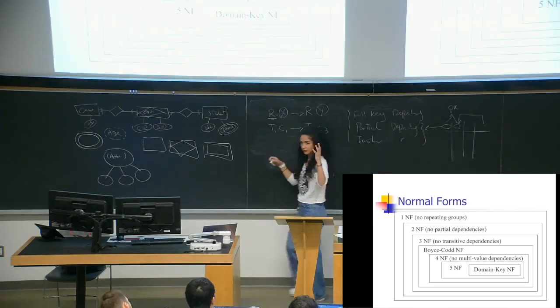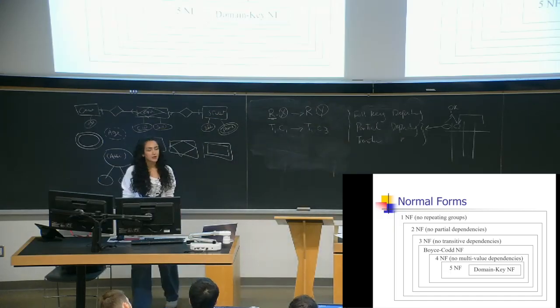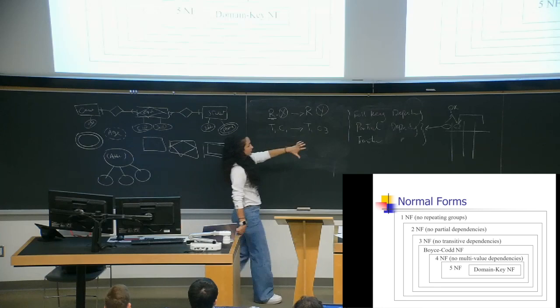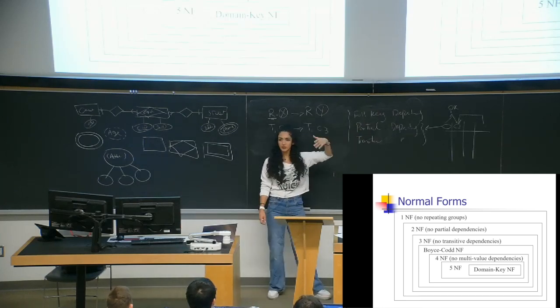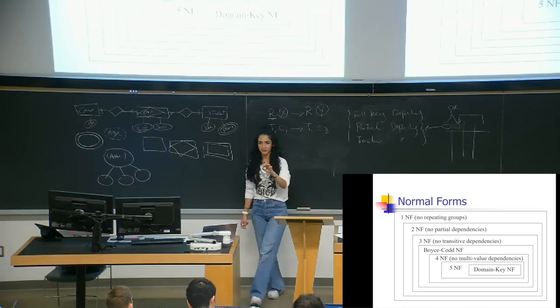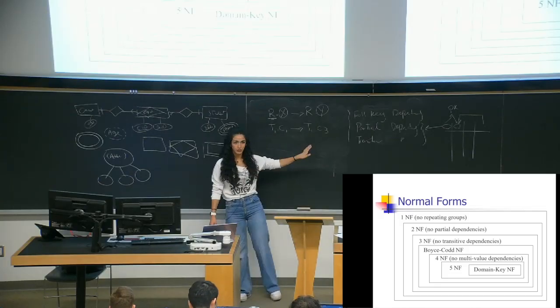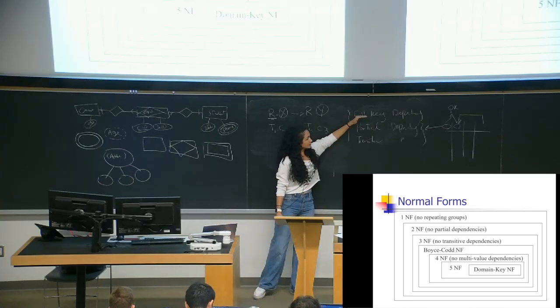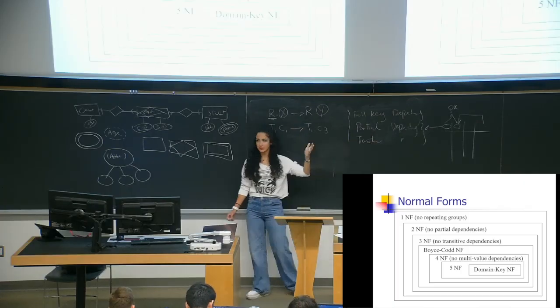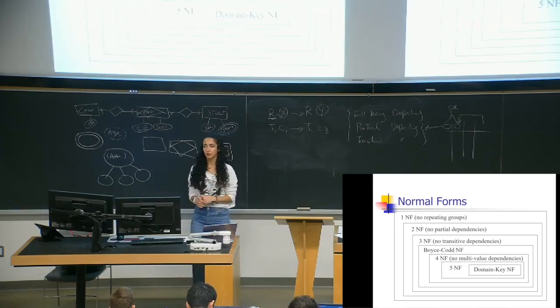And don't panic, I'm going to explain all this more. This is just an overview. After I teach you how to define these types of dependency, right now I don't expect you to know how to identify that. But depending on whether you identify partial, transitive, and so on, then you can identify the normal forms.